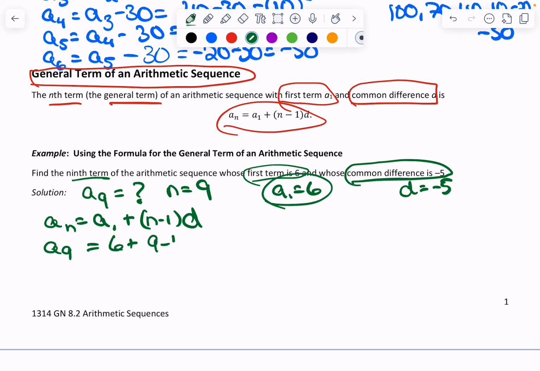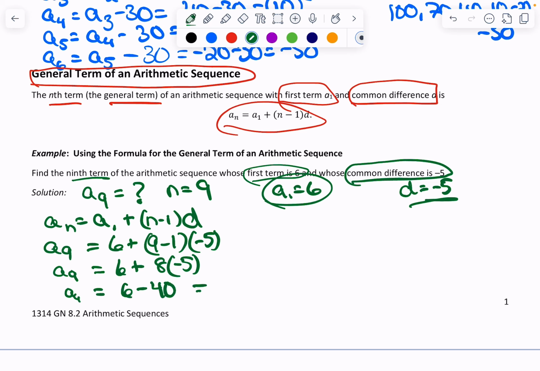So 9 minus 1 times the common difference, which is negative 5. So 6 plus 8 times negative 5. So 6 minus 40, which is negative 34. That is our ninth term for this sequence.